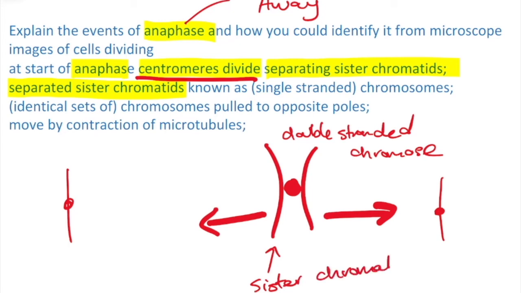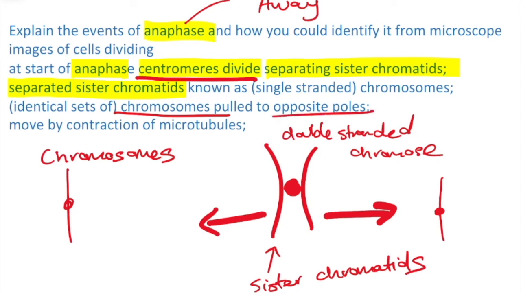Sister chromatids are pulled apart, but once they've been pulled apart, we can now go back to calling that a chromosome. So the sister chromatids separate, and now the chromosomes are pulled to opposite poles. But this is a single-stranded chromosome. And that's happening via contraction of the microtubules.